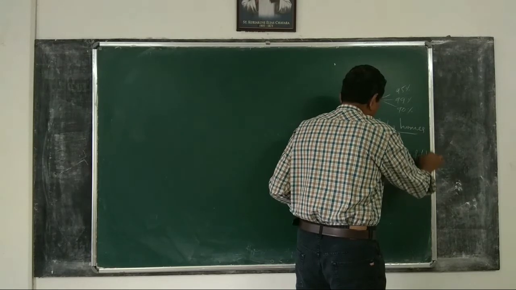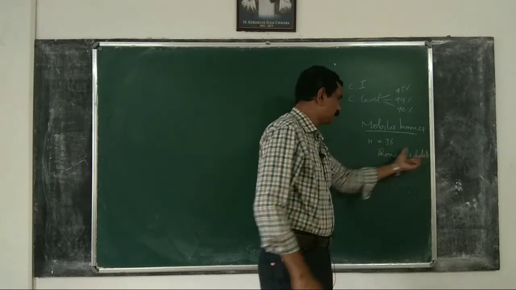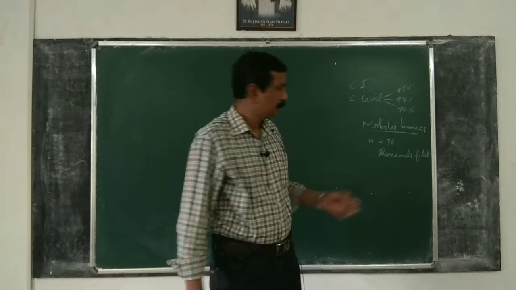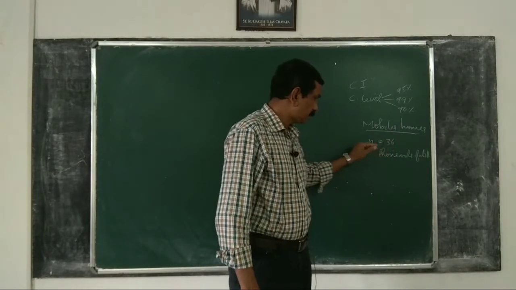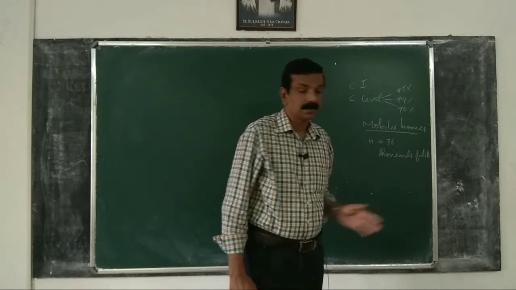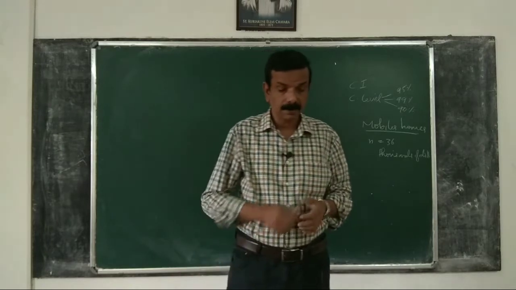The actual data we will use later to construct confidence intervals. For the time being, suppose that we have n equal to 36. The prices of homes are given in thousands of dollars.